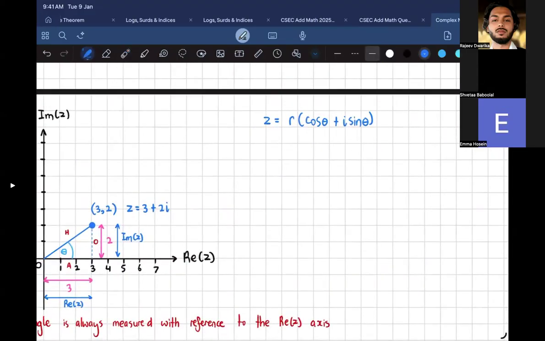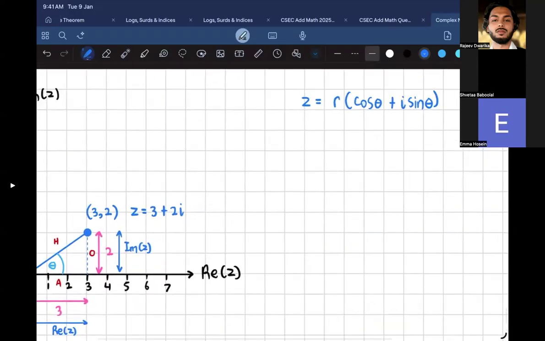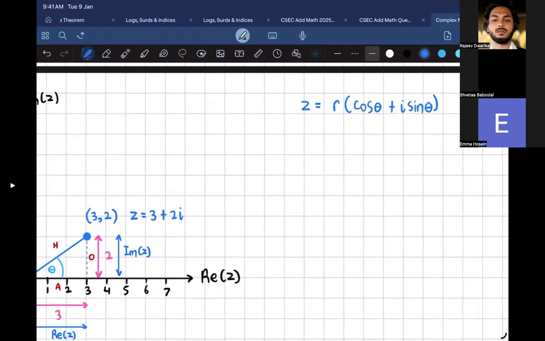So we are going to find everything using H. If I wanted to find the imaginary side using H as one of my sides, which trig ratio am I going to use?